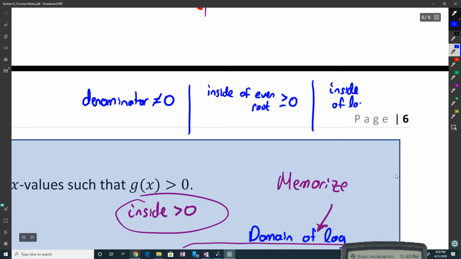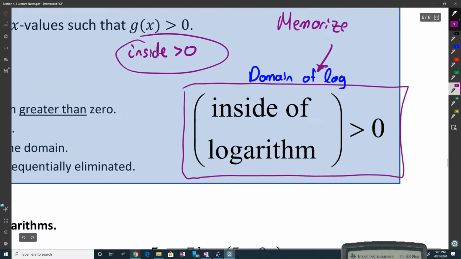The inside of a log has to be greater than 0. Notice that each of these has their own unique sign. This rule has the do not equal sign. This rule has the greater than or equal sign. And in exam 1, those are the only two rules we focused on. That one and that one. But now, in this exam, we're adding a third rule, and it's the greater than sign. The inside of a log has to be greater than 0.